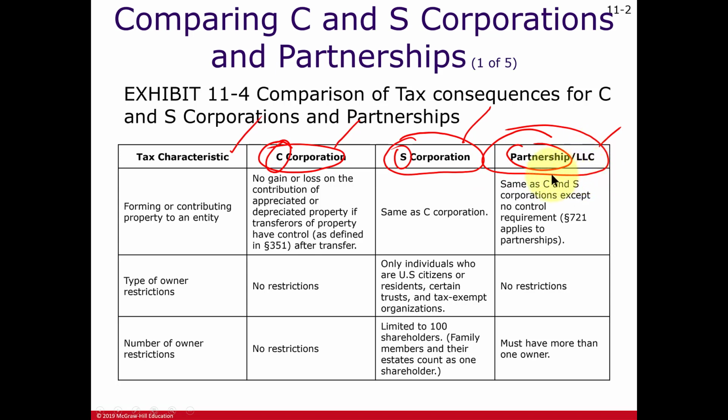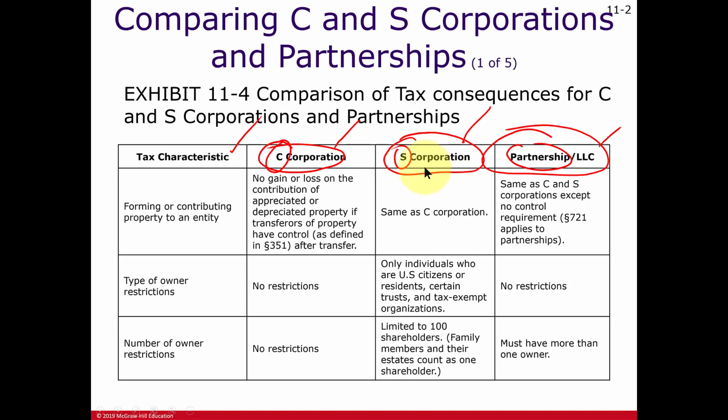They pay the tax on the entity's income, whereas the C corporation itself pays income taxes. But then if there's excess profits that we want to distribute to the C corporation shareholders, that's going to be treated usually as a taxable dividend to those shareholders.